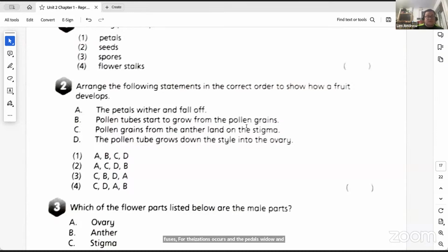Therefore, the answer is number 3, whereby the first step is C, pollen grains from the anther land on the stigma, followed by B, pollen tubes start to grow from the pollen grain, followed by D, the pollen tube grows down the style into the ovary, and last but not least, A, the petals wither and fall off. Therefore, the answer for question 2 is number 3.